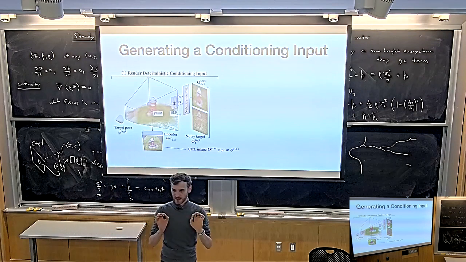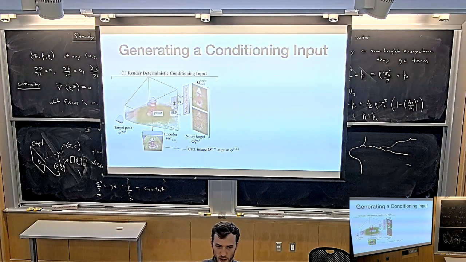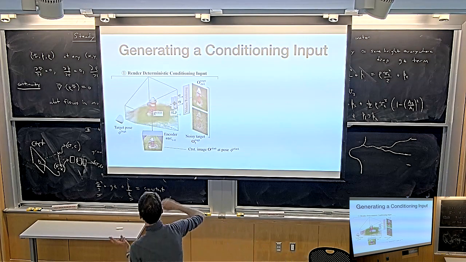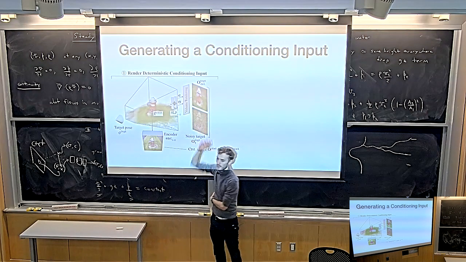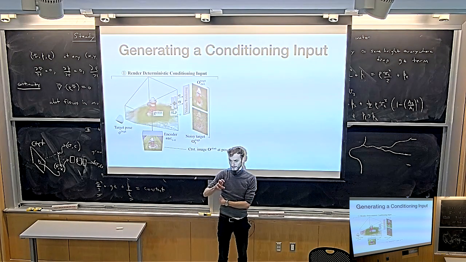Specifically, as we had seen initially, in all the parts of the 3D scene that are visible in the context view, it's going to be relatively sharp. And in all of the parts of the 3D scene that weren't observed in the input view, it's going to be blurry. So this image basically tells you where you are uncertain and where you are certain.